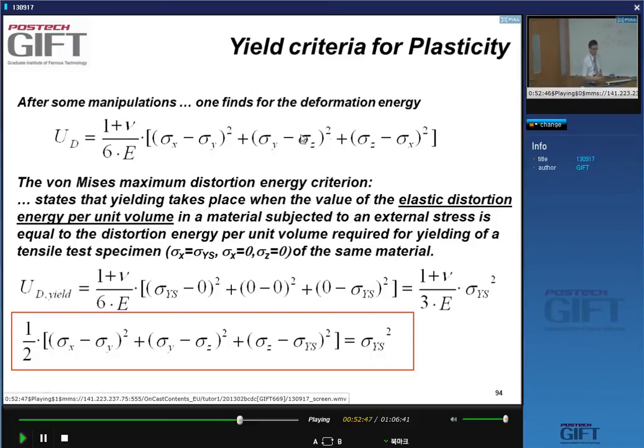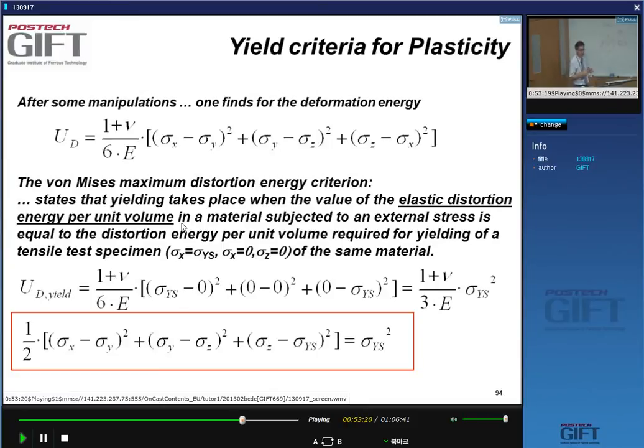It's a maximum distortion energy criterion, so a maximum shape change energy criterion, and it says that yielding will take place when the amount of distortion I've given to the material reaches a maximum value, and that value is the same value it would take to start yielding in a uniaxial test.